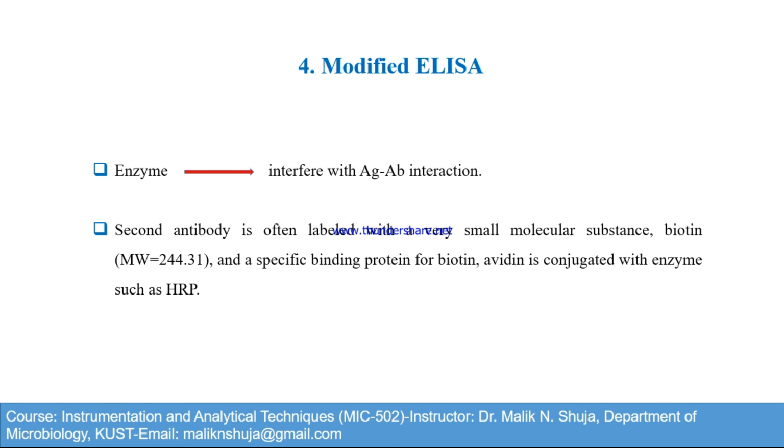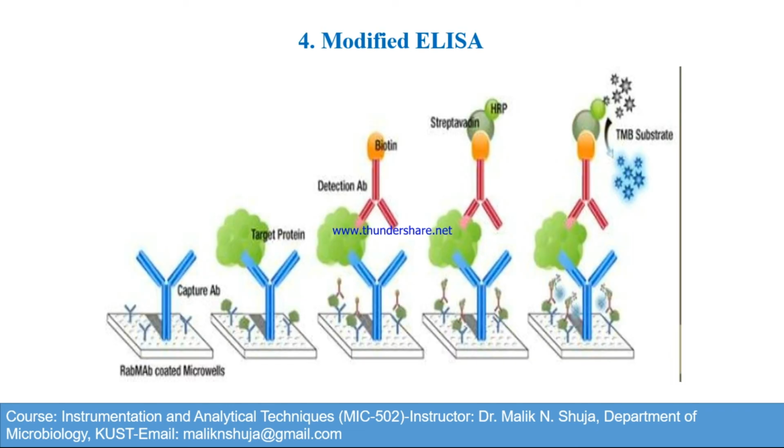Modified ELISA. This is also a type of ELISA in which we have done some sort of modification. In modified ELISA, microtiter wells are coated with the capture antibody followed by the addition of antigens.